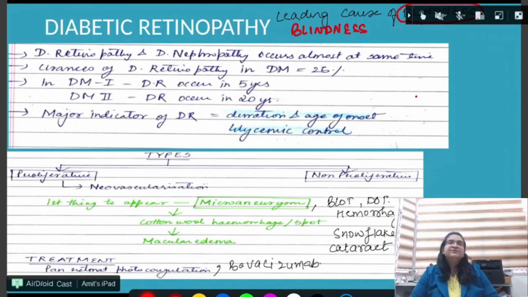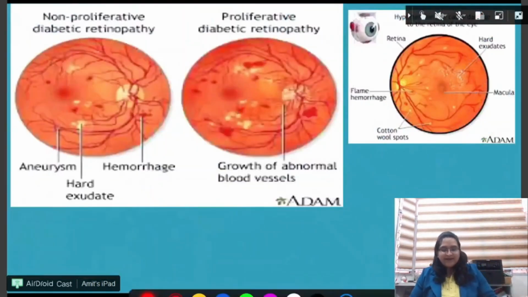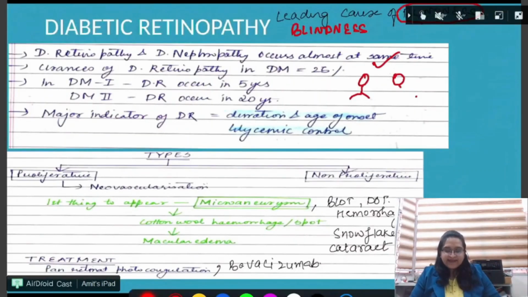We should know it is microvascular, small vessel pathy. Diabetic nephropathy and neuropathy occur almost at the same time. Chances are very high. If there is a person who has been diagnosed with type 1 diabetes mellitus, and a person who has been diagnosed with type 2 diabetes mellitus right now, who will you send for immediate eye checkup?